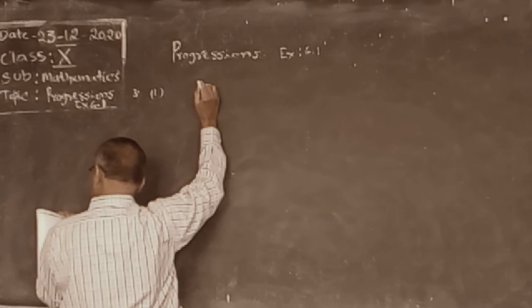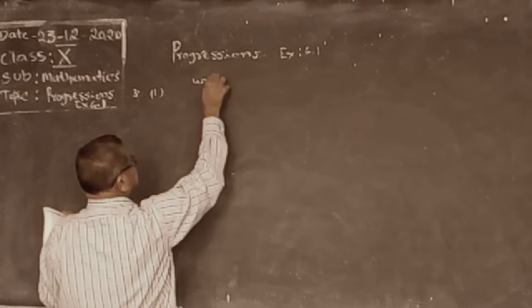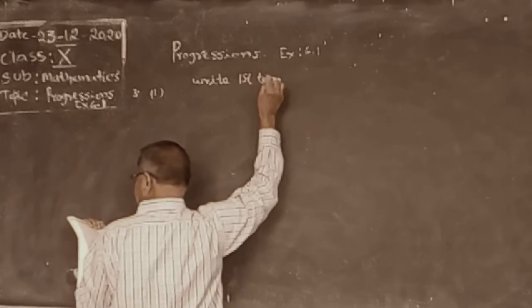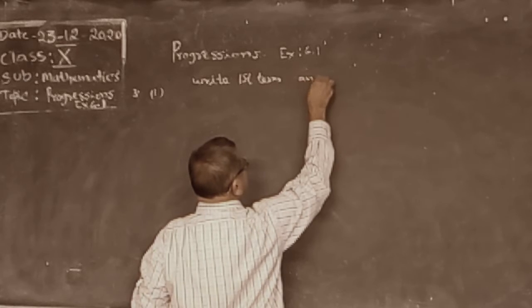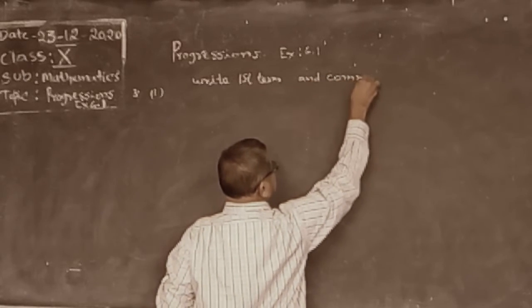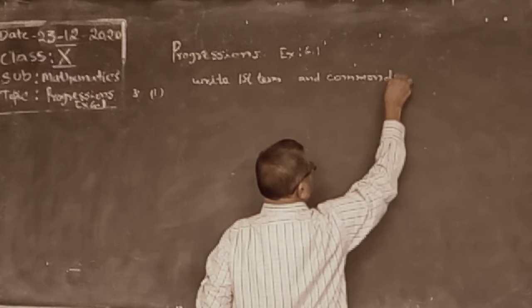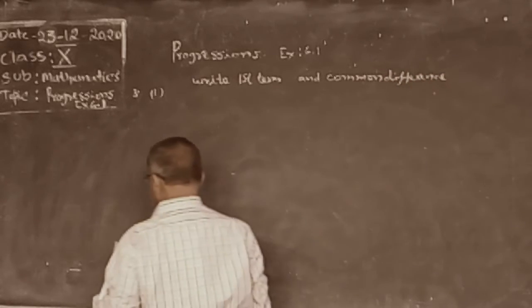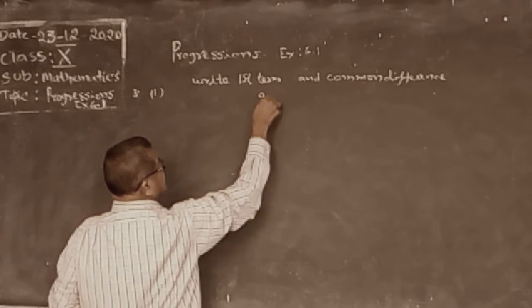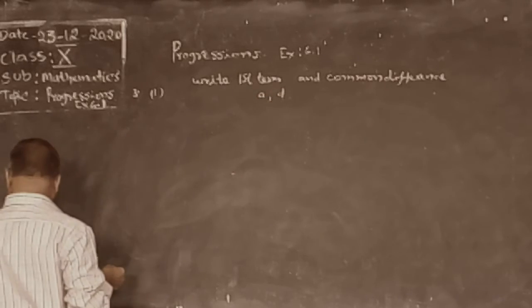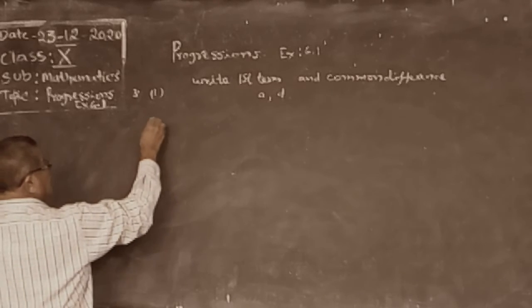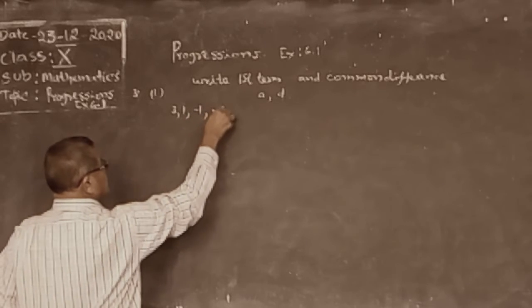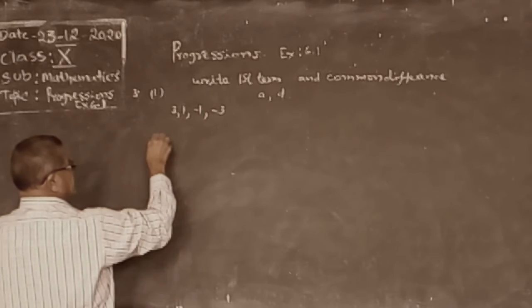Write the first term and the common difference d. Write a and d. Term number 1: 3, 1, minus 1, minus 3. Second.